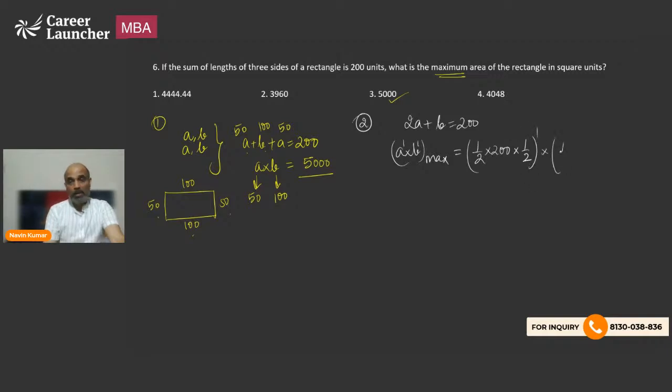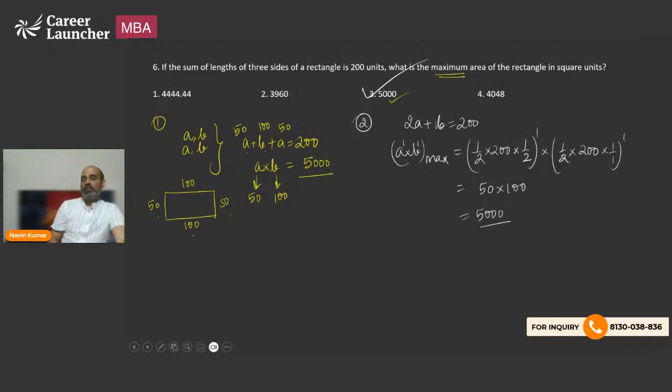For b, b also gets half of the total sum. Coefficient of b is 1, so it's going to be 1 upon 1. So this turns out to be 50 into 100, which results in 5000 anyways. Right? So brute force is applicable when you have no idea how to proceed, or if you have never seen that question, you can obviously look at the options and start from there.